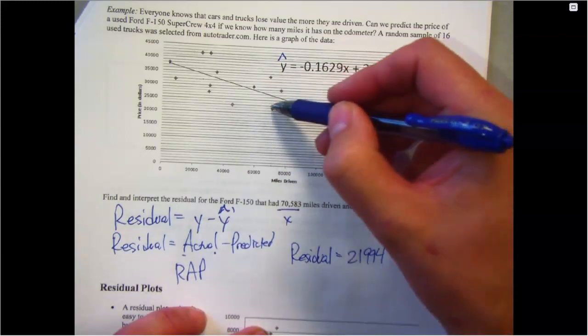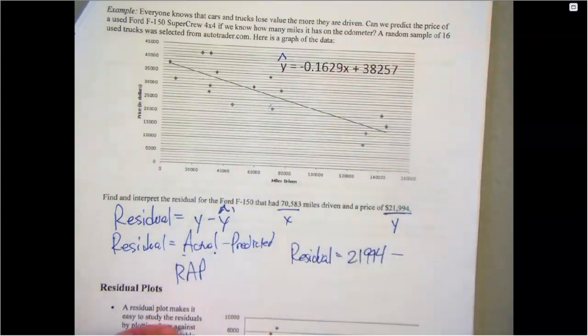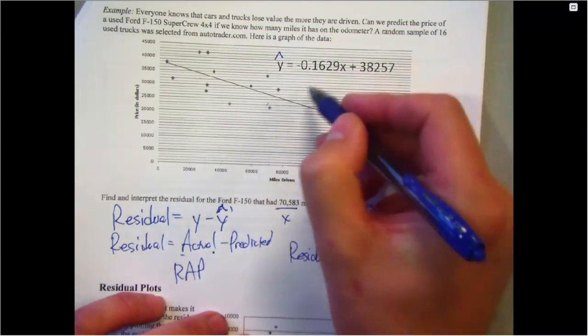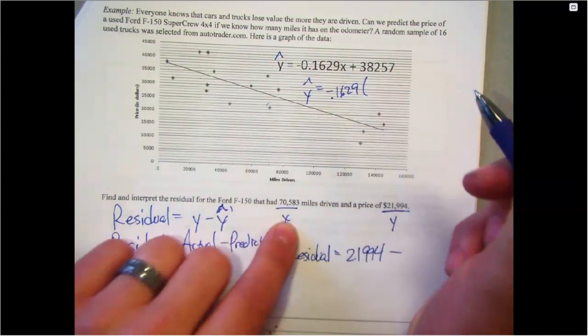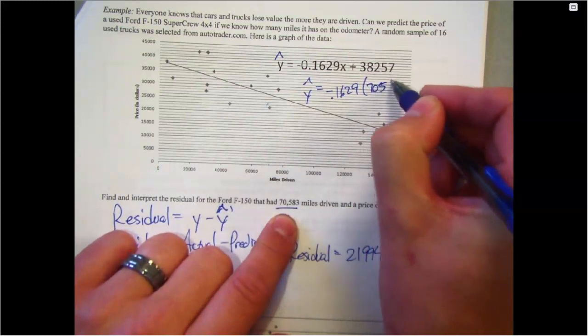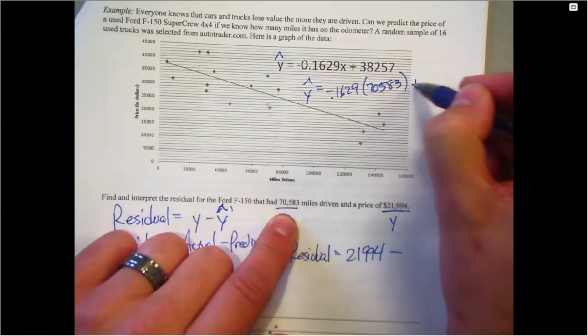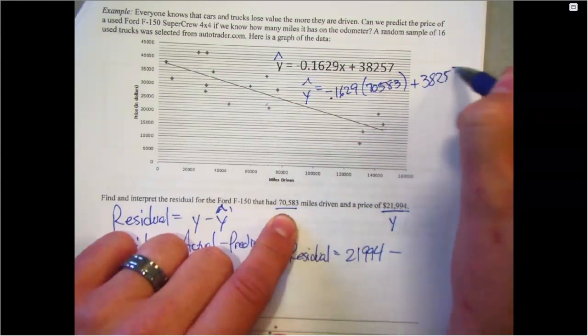I think it might be this point. But let's plug it in. So y hat equals negative 0.1629 times 70,583 plus 3825.